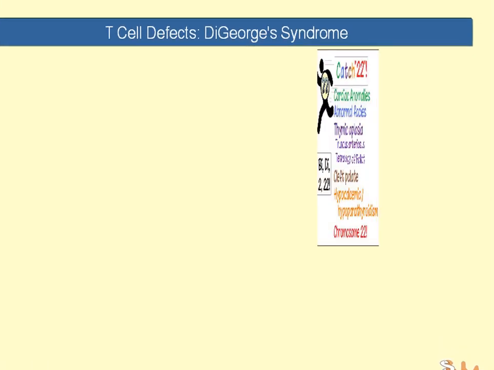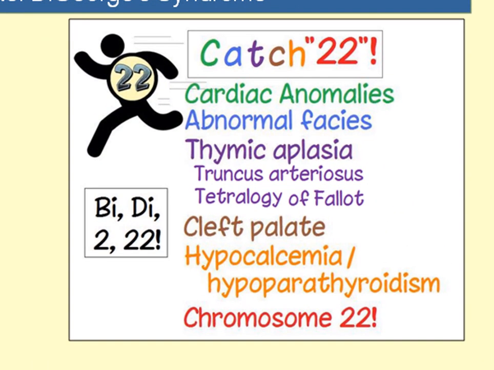So let's discuss the DiGeorge syndrome. This is the first T cell defect that we are discussing. A good mnemonic for you to remember facts related to DiGeorge syndrome is this one, CATCH 22.